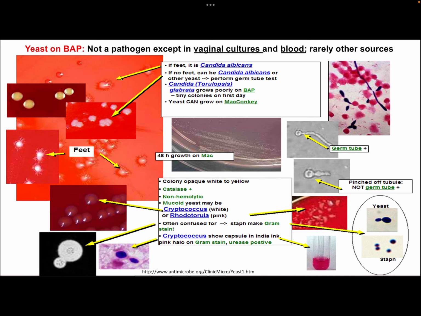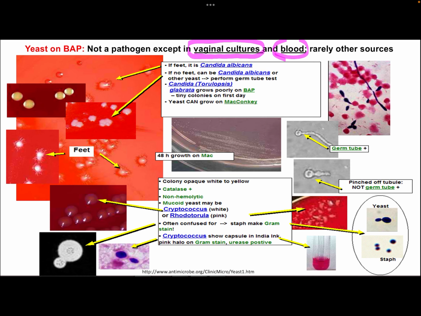You can perform germ tube if ever you have isolated yeast cells. For example, if you see yeast cells on blood agar plate, usually they are not pathogenic, except if your specimen is a vaginal swab or vaginal culture, or of course a blood specimen, because blood is sterile in the first place.